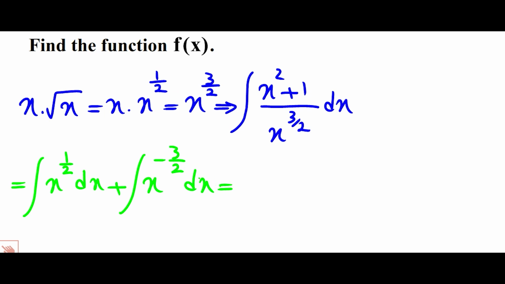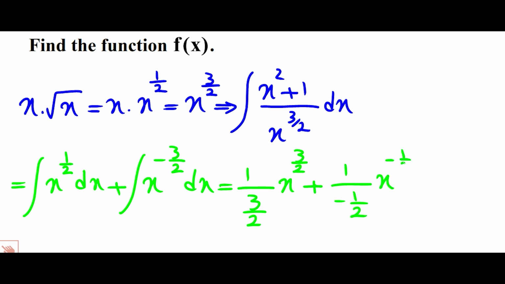dx. We use the power rule: 1 over (1/2 plus 1) equals 3 over 2, x to the power of 3 over 2, plus 1 over (negative 3 over 2 plus 1), which equals negative 1/2, x to the power of negative 1/2 plus c.